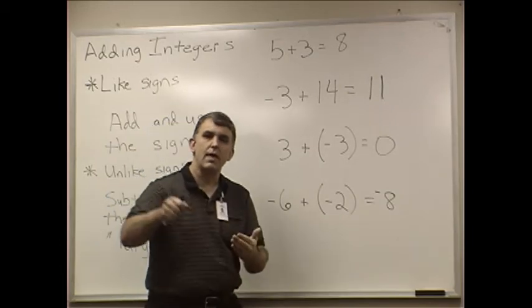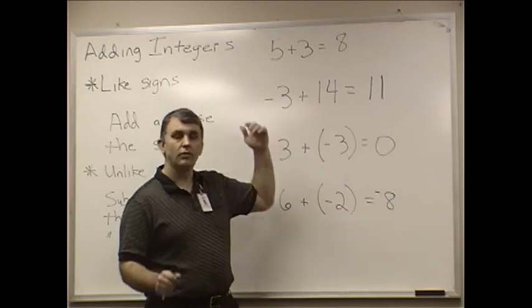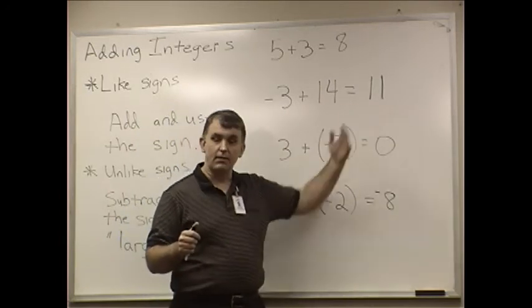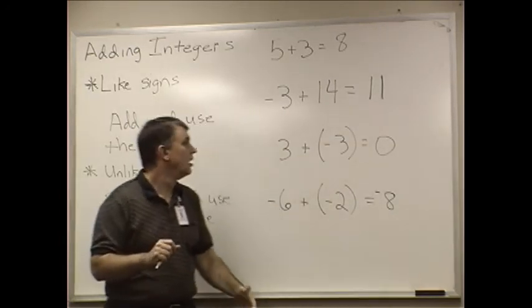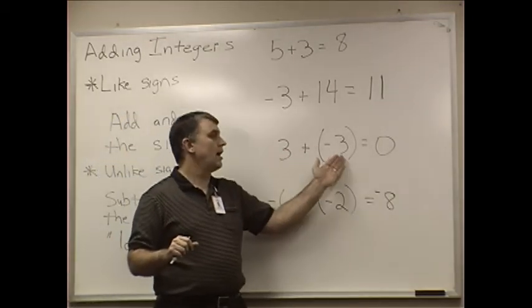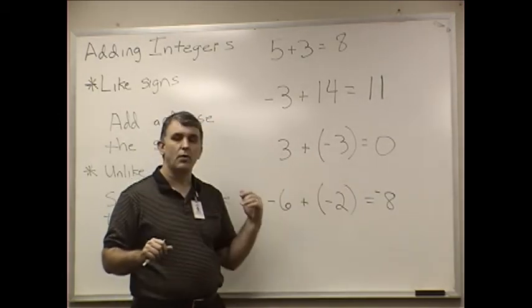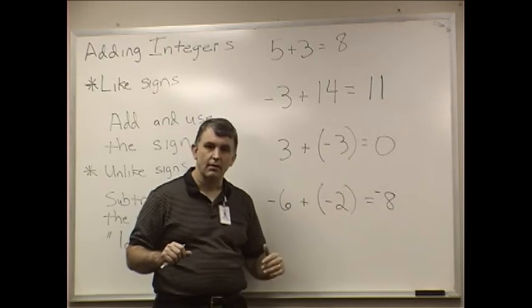Well, you would give me that $3 out of your 14. So how much money would you have left then? Well, you'd have 11. If you had $3 in your pocket, and then you went to a store, and boom, you spent the $3, you'd have nothing left.